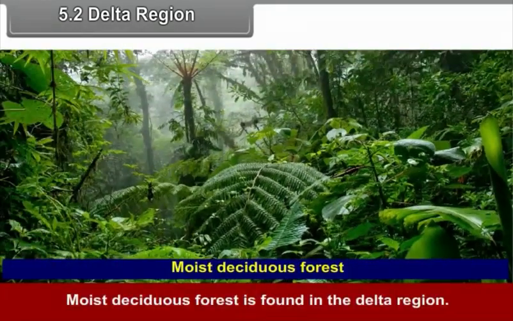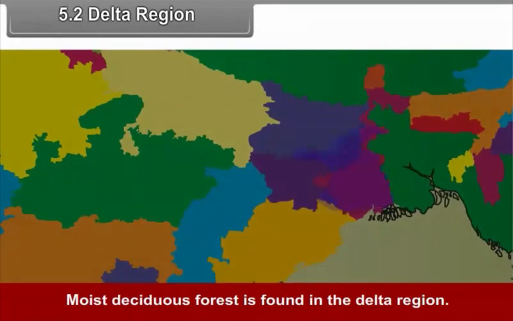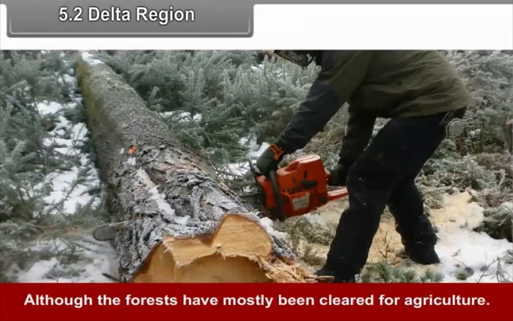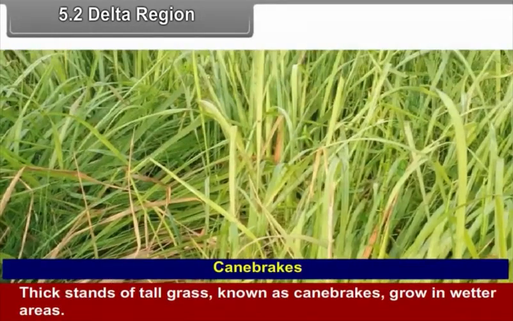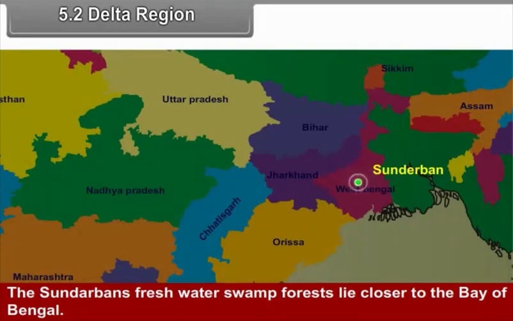Moist deciduous forest is found in the delta region. Although the forests have mostly been cleared for agriculture, thick stands of tall grass known as cane breakers grow in wetter areas. The Sundarbans freshwater swamp forests lie closely to the Bay of Bengal.